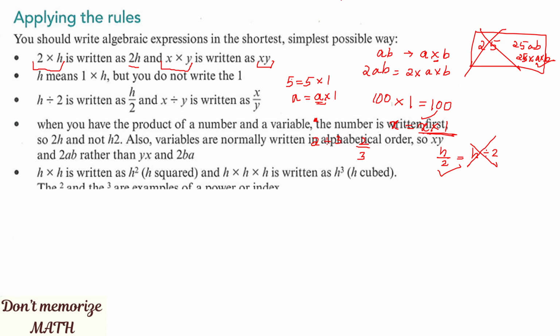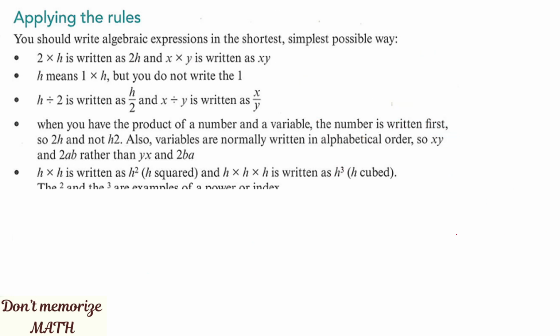Next, when you have the product of a number and a variable, the number is written first, so 2x and not x2. Also, variables are normally written in alphabetical order. These are some basic rules. You can follow them always, but if you don't, there is no difference in the meaning. The meaning is the same, but it's better to follow this.